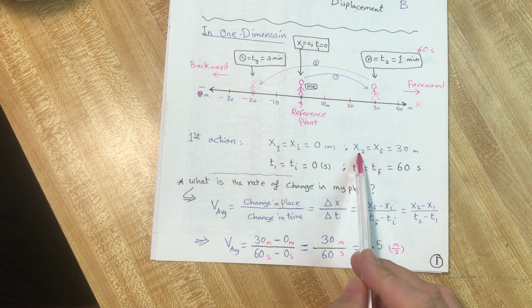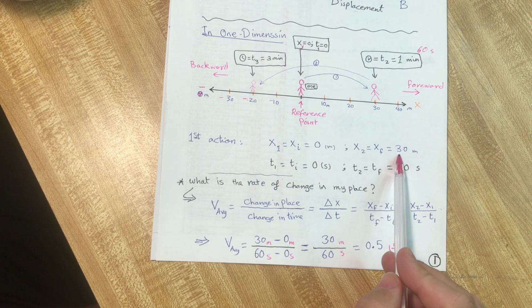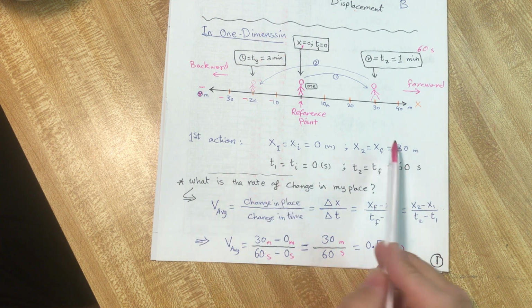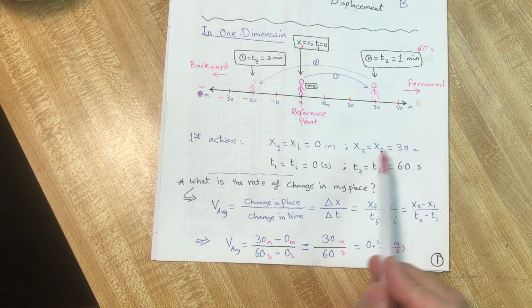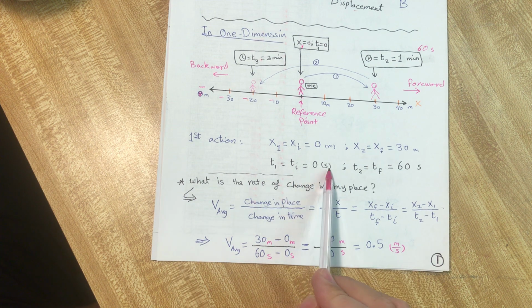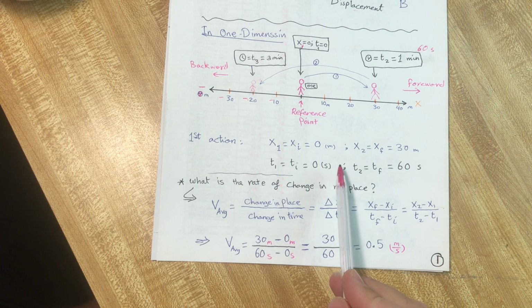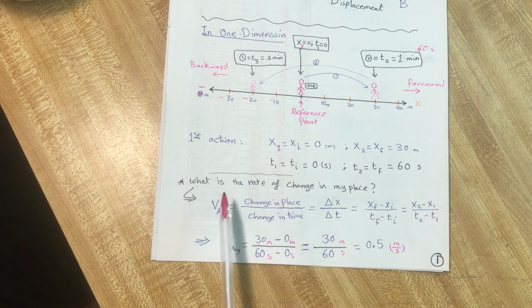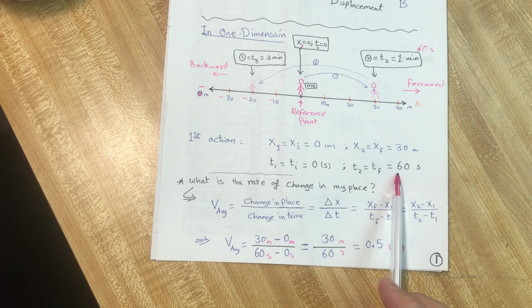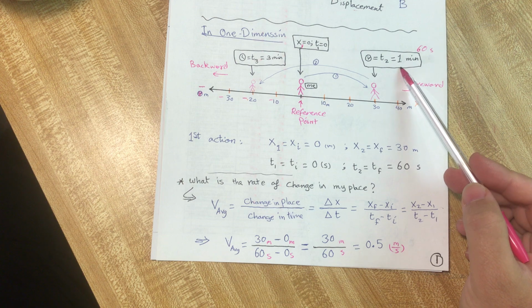And x final, which is x2, is 30 in meters. This is the unit. And it is positive 30. The t initial, which is t1, is 0 seconds. In SI units, we need to use seconds and meters. We don't need to use minutes. And t final, which is t2, is 60 seconds, which is 1 minute.